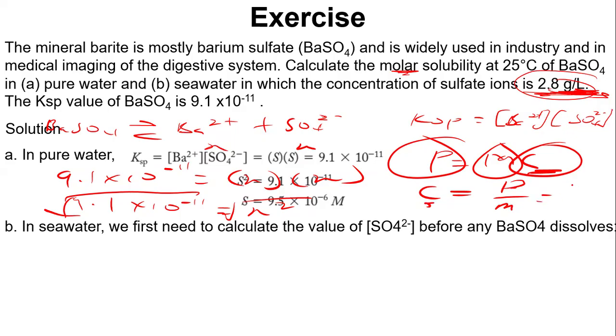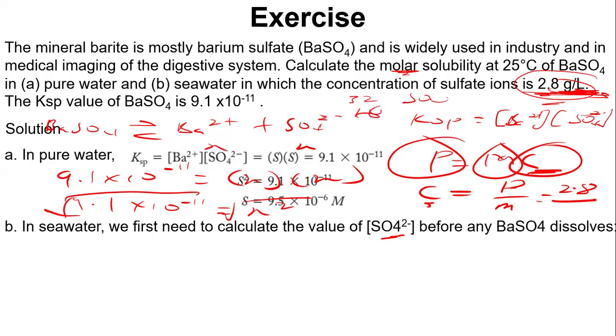But now the mass density has been given as 2.8. What is the molar mass of the sulfate ion? Sulfate, just sulfate, because this is for sulfate, right? Now sulfur has mass number 32, and oxygen is 16.